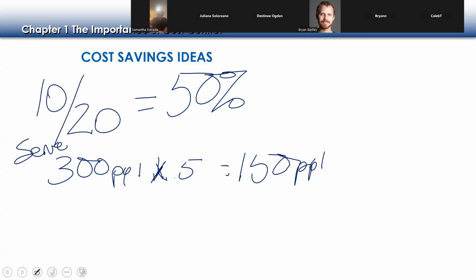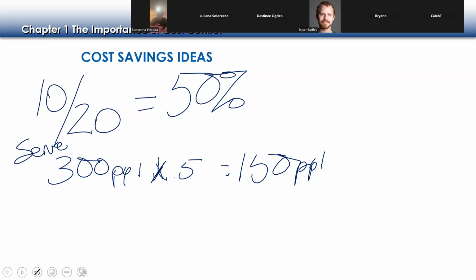Now, how much does that lemon wedge cost us? Let's say a lemon costs us 60 cents. I think they're about 50 cents to $1 now. We get 6 slices out of a lemon.